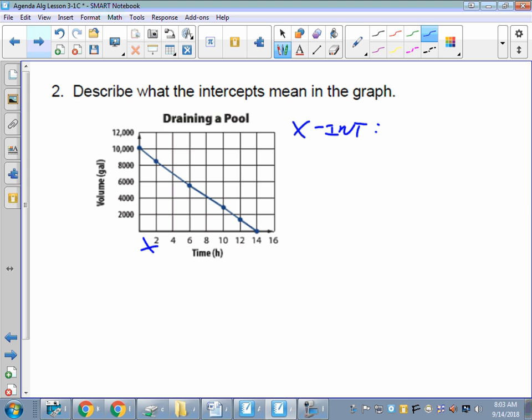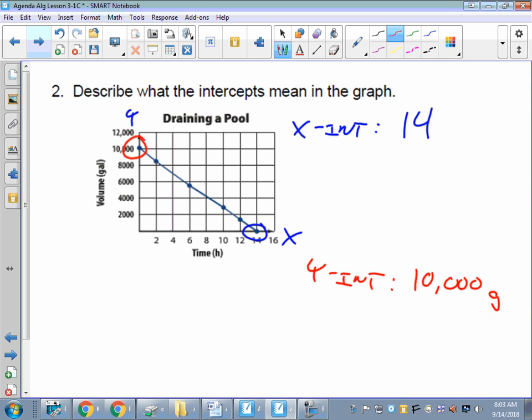If this is our x and this is our y, and I'm going to draw this over here, where does this line cross the x-axis? It crosses over here at 14. That's the easy part. And then let's take a look at the y-intercept. It's where it crosses the y-axis, which is up here, and I think we can all agree that that's 10,000.